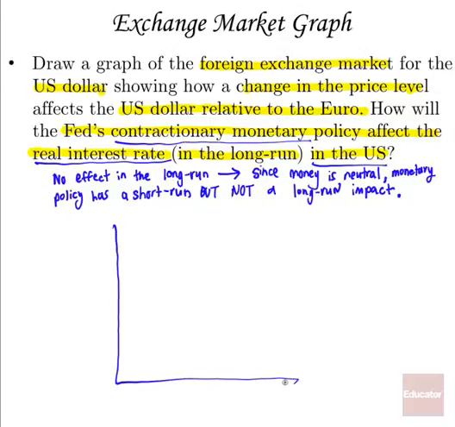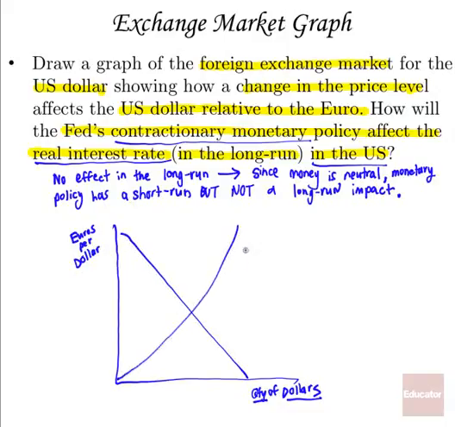Okay, so here's the quantity of dollars. Since the x-axis is dollars, you want to use euros per dollar on the y-axis. So here's the supply and demand, the exchange rate. This is the supply of US dollars, this is demand, and you get E1 right here, and you get Q1 right here. Now the change in the price level, so this is dependent on what you had before.